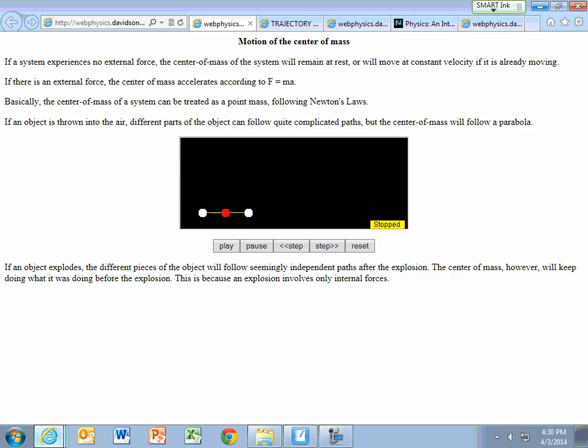When this is thrown in the air, you can see that the motion of each end of the stick is somewhat complicated, but the center of mass of that baton will follow the parabolic path that we said you should have from Newton's laws. Again, the only force acting is the force of gravity, so an object will move in a parabolic path. This is referring to the center of mass of the object.